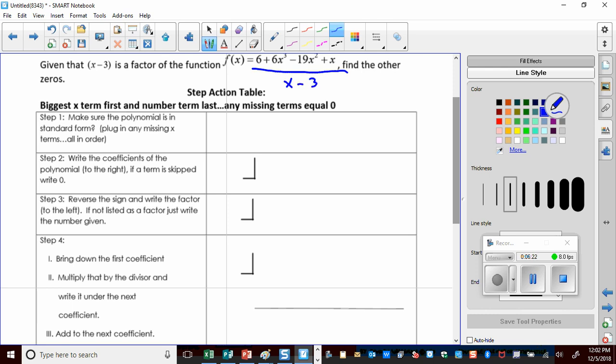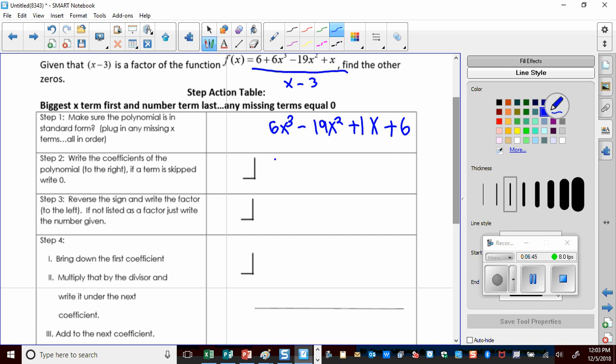So the first thing we do is make sure it's in standard form. I have 6x cubed. My x cubed term goes first. Minus 19x squared. Plus 1x. I like to put variable numbers in front of variables. Plus 6. Now we write the coefficients of the polynomial to the right. If a term is skipped, we write 0.